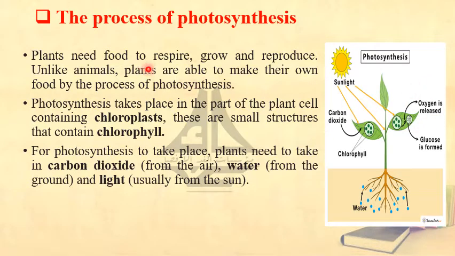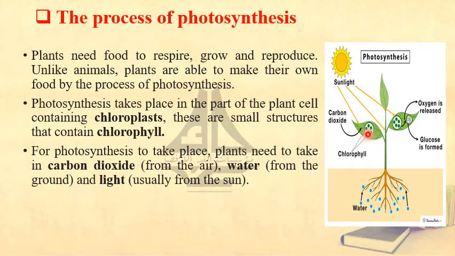So the plants need food to respire, to grow, to reproduce. For that reason, they make their own food by photosynthesis. Where does it take place? In the chloroplast, which contains small structures called chlorophyll. And as I mentioned before, chlorophyll is the green pigment and it plays an important role.